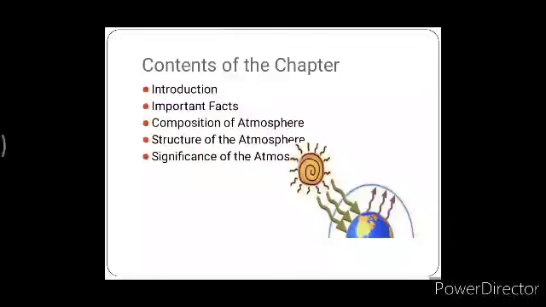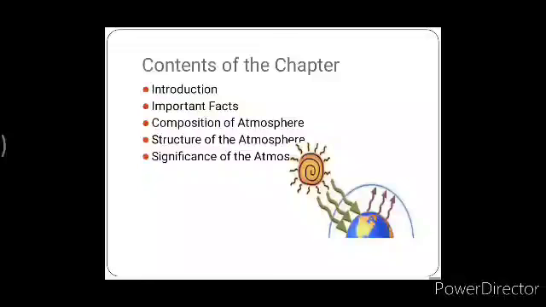So let's just have a look at the contents of this chapter. By the introduction, you all have understood that we are going to study about atmosphere. Under atmosphere, we'll study what is atmosphere, then some important facts regarding atmosphere. After that, the composition of atmosphere, in which we will discuss main features.